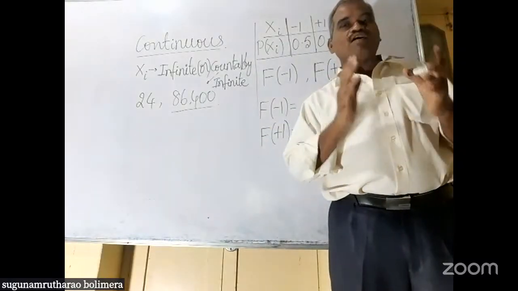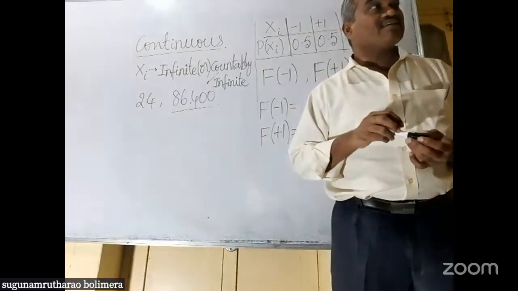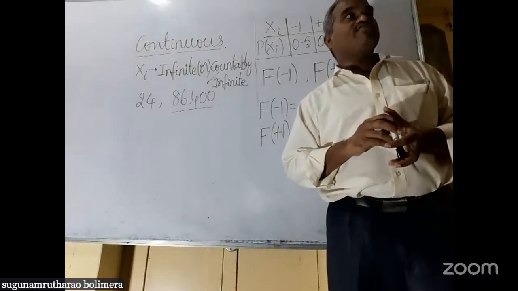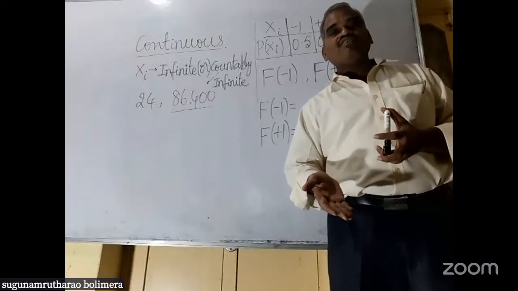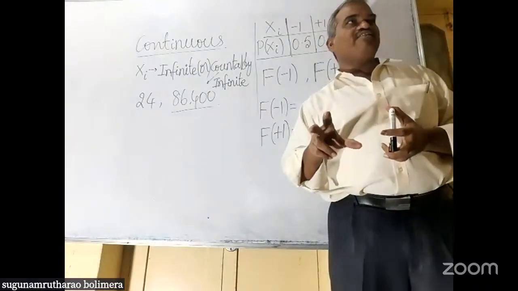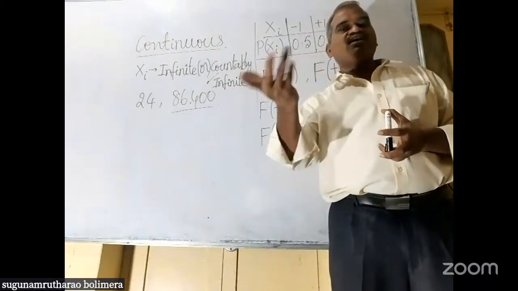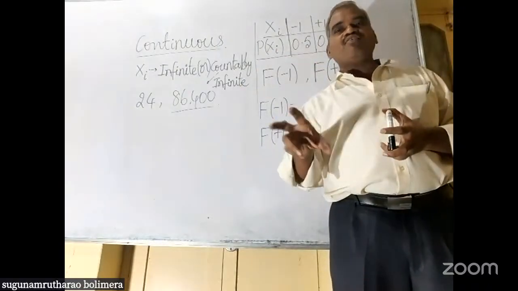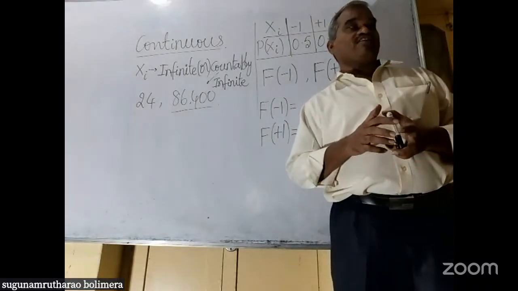It is countable, but we say it is huge when compared with 10. So countably infinite means when comparatively it seems to be infinite. If it takes so many values, but which are countable, we say it is countably infinite.